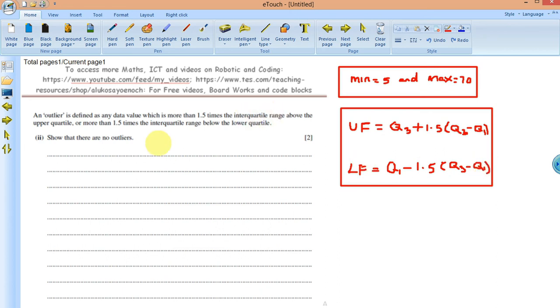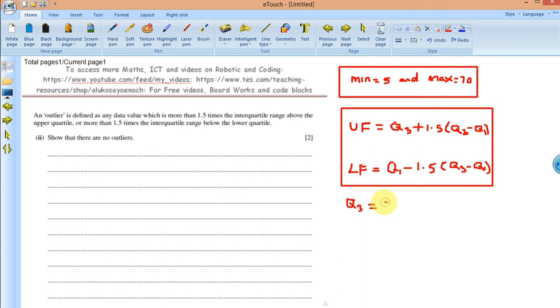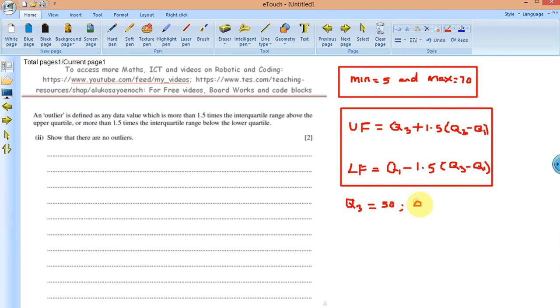Okay, so guys, don't forget what our upper quartile is from the last question. Let me just use Q3. From the last question, the Q3 is 50, right? That is from question 2. Also we need Q1 from question 2. Q1 is 18. So let's go ahead and work with this now.